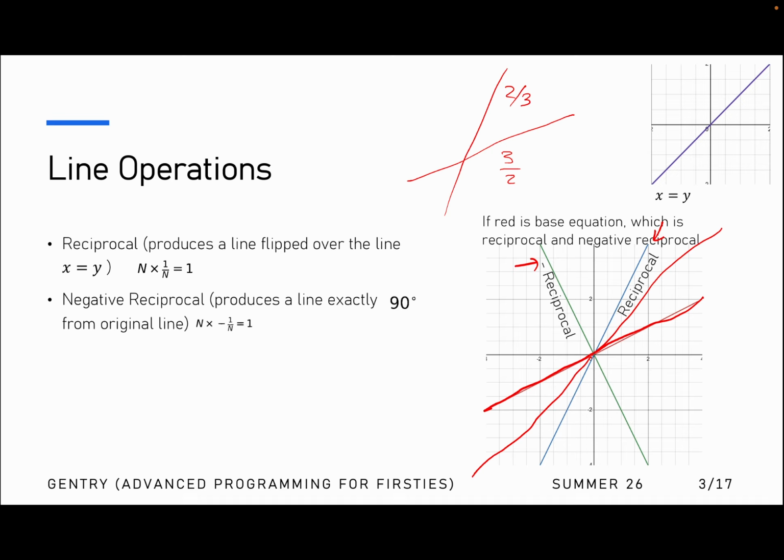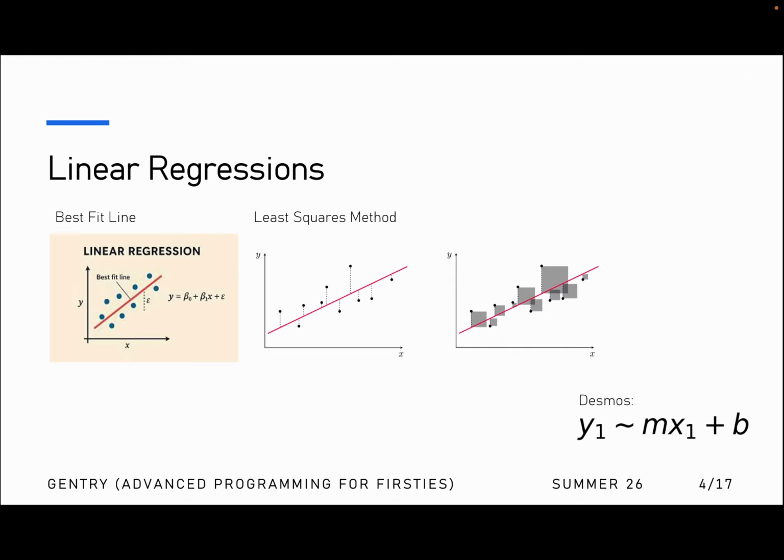And now if we multiply 3/2 times 2/3, well then that equals 1. Then if we take the negative reciprocal, it does the exact same thing, it just makes it negative. So then the slope will be negative, and basically all that does is flip our reciprocal over our y equals 0 line.